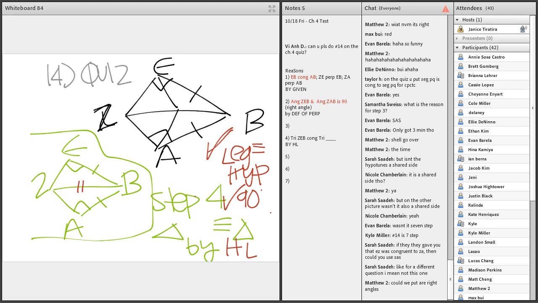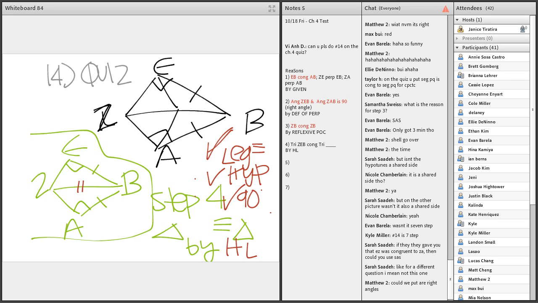So now for step 3, I need to say the hypotenuse is congruent, and that's ZB congruent to ZB, by the reflexive property of congruence. So according to HL, I got it all done. I said the legs are congruent, that's in red.